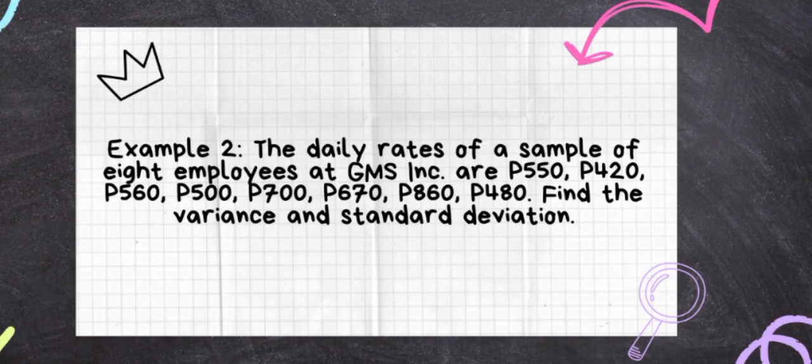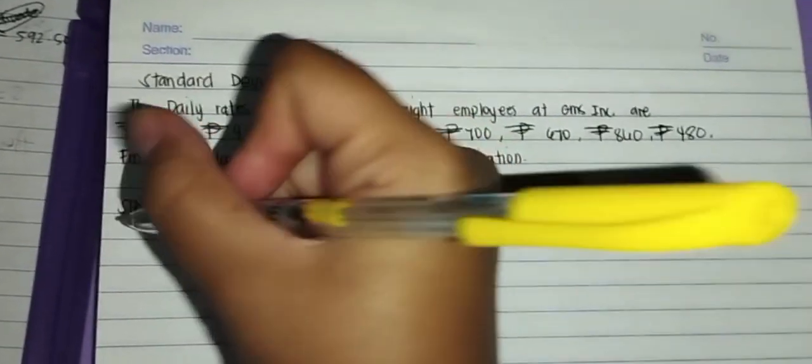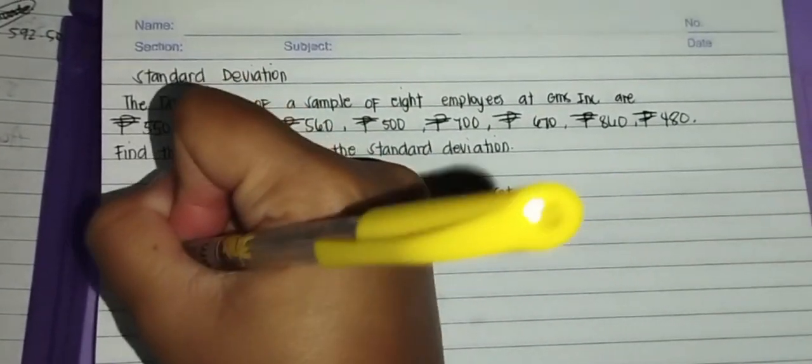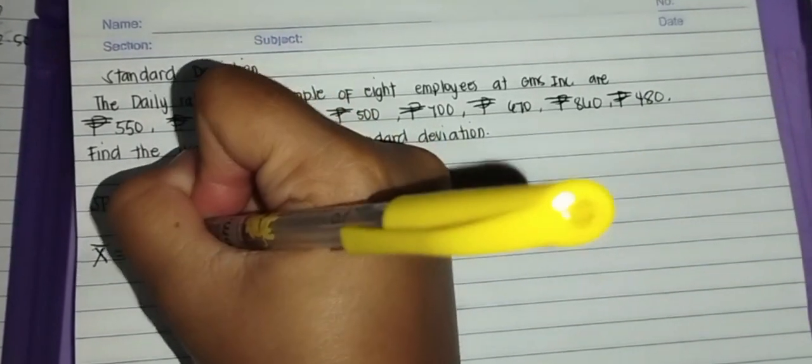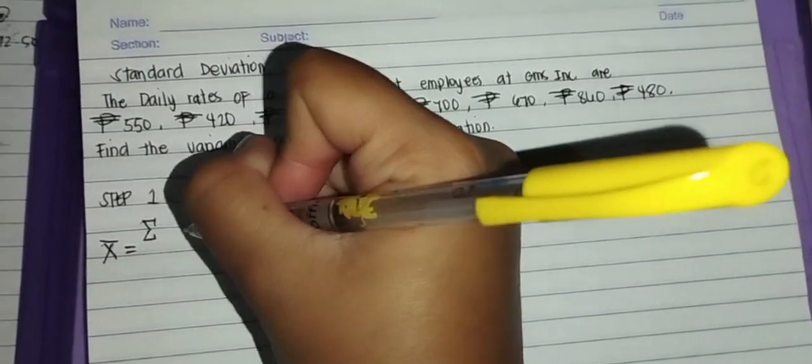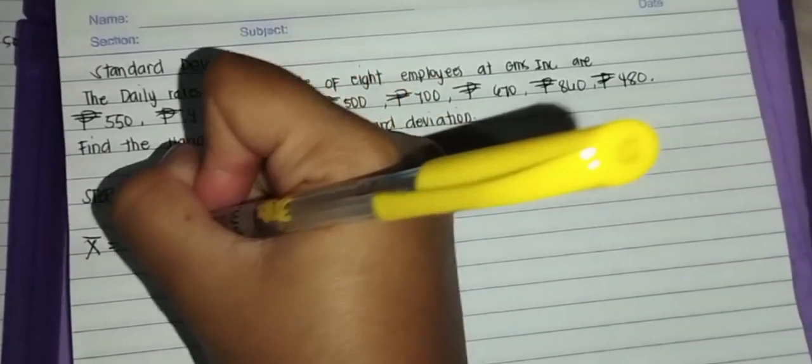Kung dun po sa simula, ang kinuha po dun ay range, dito naman po ang kukunin po natin ay yung variance and the standard deviation. So, step 1, compute the mean of the dataset. Ilalagay lang natin yung mga mean na nakalagay dun sa problem.